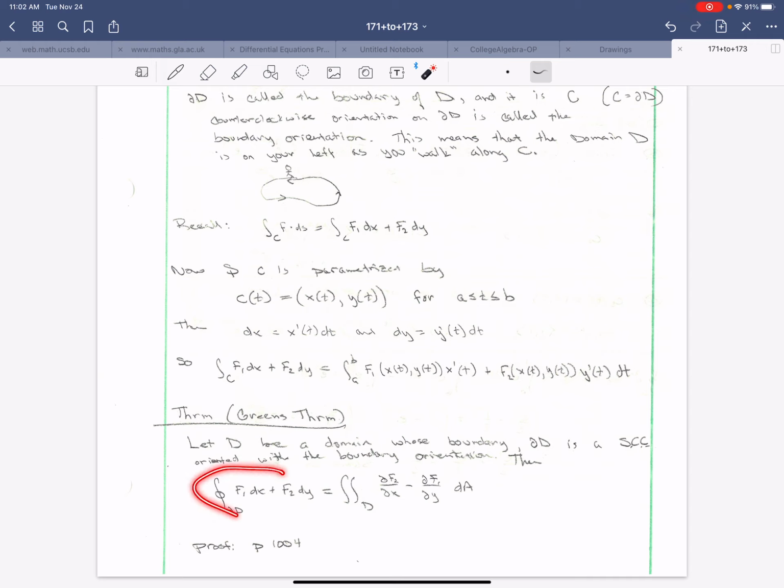But if you wanted circulation around some vector field, it turns out that circulation on the boundary can be equated to this double integral of this certain function here.